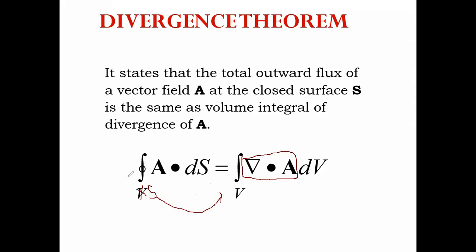This states that the surface integral of a vector A, it may be any vector, is equal to the volume integral of divergence of the vector over the volume bounded by a closed surface.